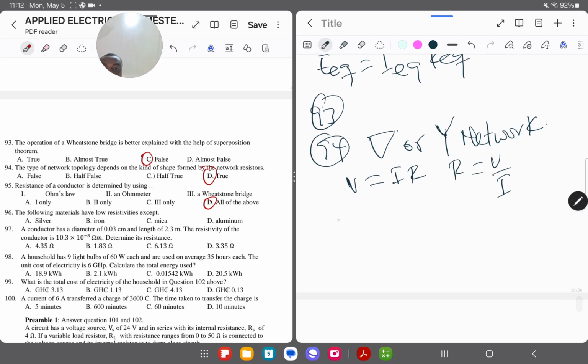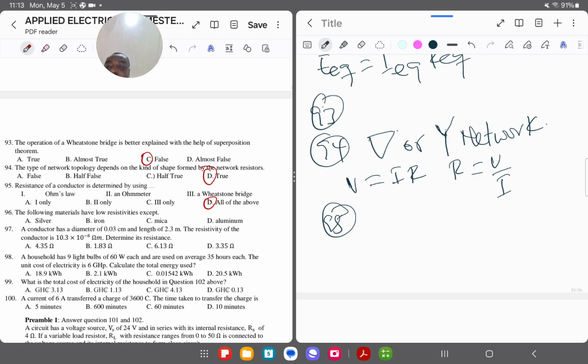Moving to the next question. The following materials have low resistivities except: low resistivity. A, we have silver. Silver has a low resistivity, I can't remember exactly, but it's 10 to the power minus 8 or something. So it's very small.